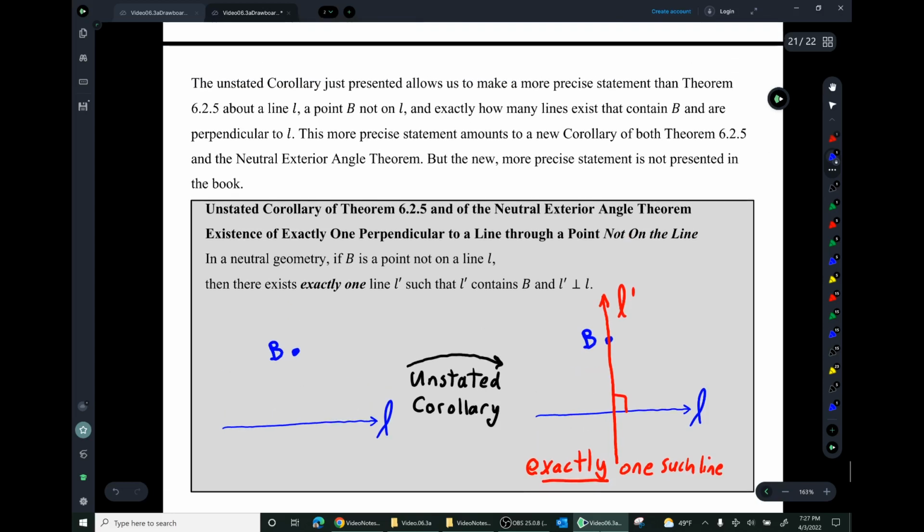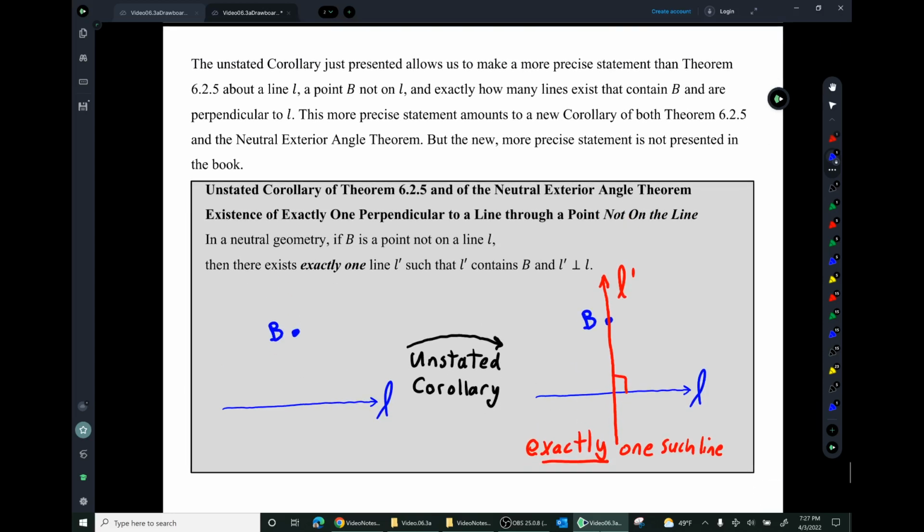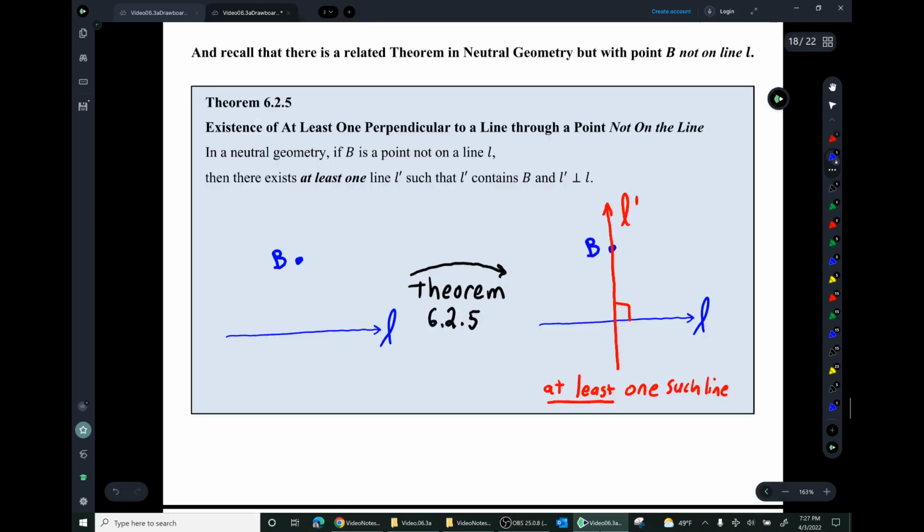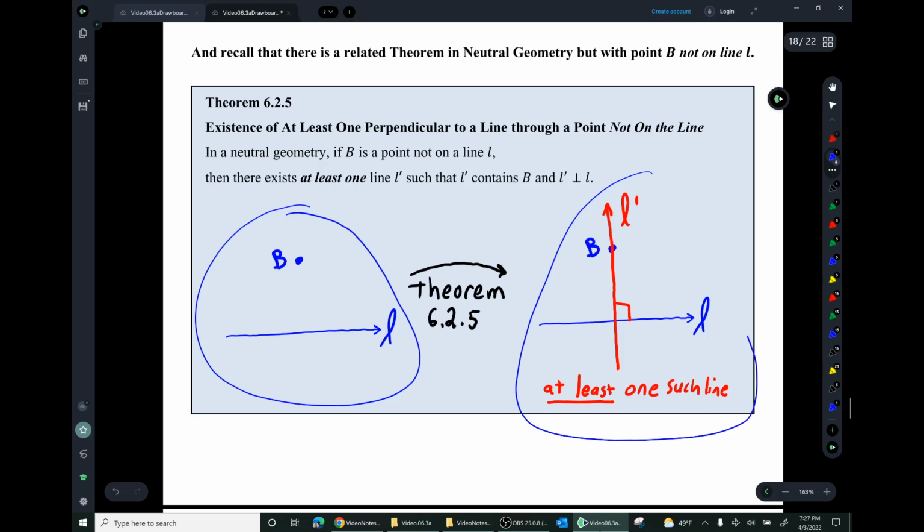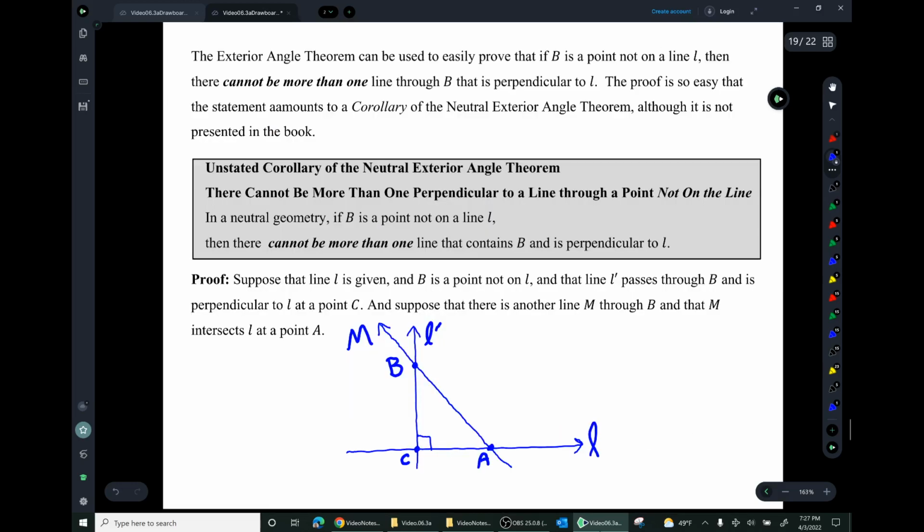So there is yet another unstated corollary. We had the earlier theorem that said in this situation where B is not on this line, all we could say in section 6.2 was there was at least one such line. Well, now we know there cannot be more than one.